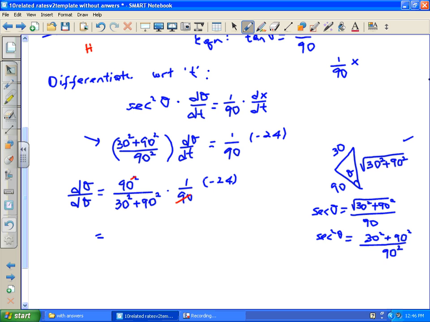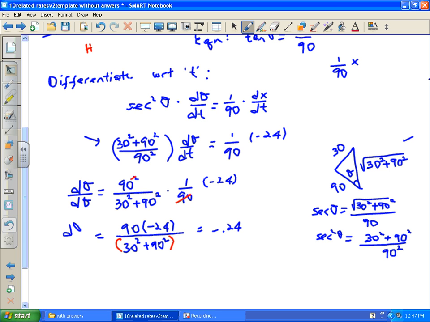So what we have is 90 times negative 24 divided by 30 square plus 90 square. If you're going to do this on the calculator, make sure you include the bottom in a set of parentheses. And now let's see what we're getting when we do that ratio on the calculator. All right, the answer turns out to be negative 0.24.